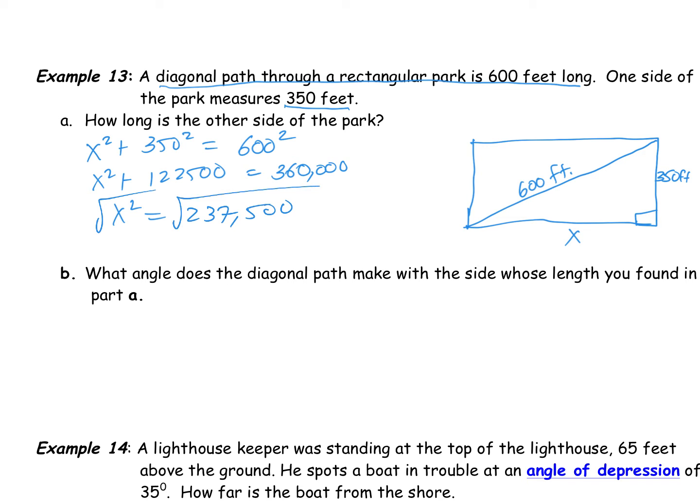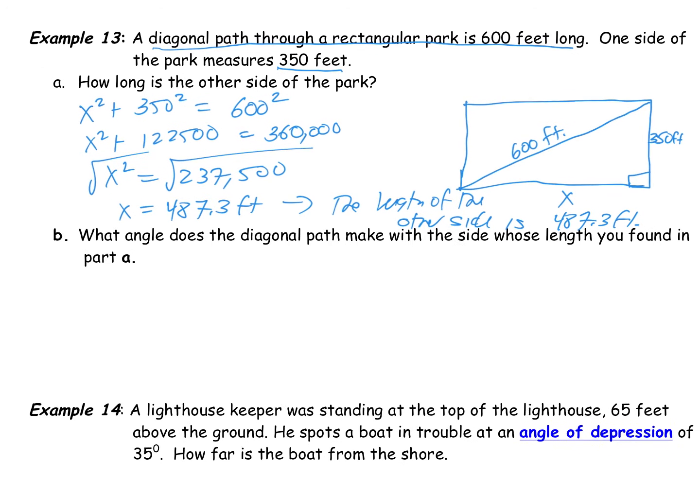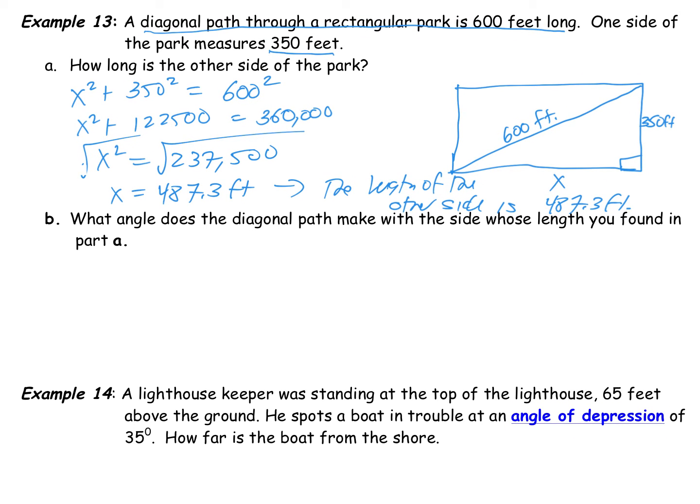Now we can take the square root of both sides, and if you enter that in your calculator, you'll find that it's 487.3 feet. So the length of the other side is 487.3 feet.